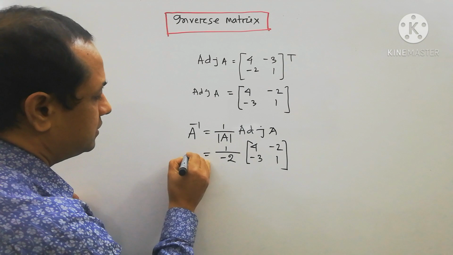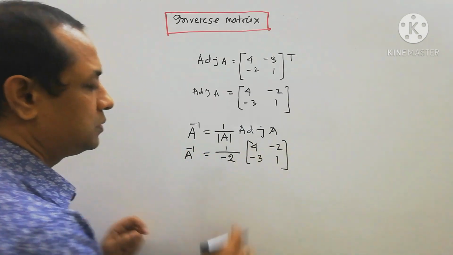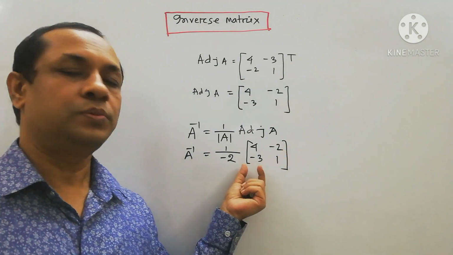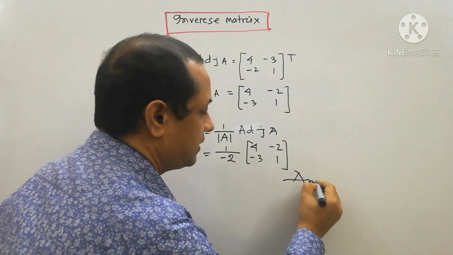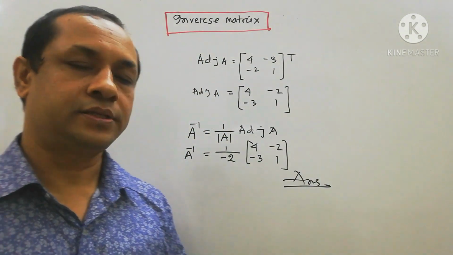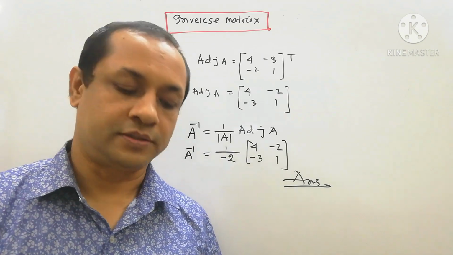So the required A inverse is 1 by minus 2 times 4, minus 2, minus 3, 1. So it is the inverse matrix. I hope that students you are clear.